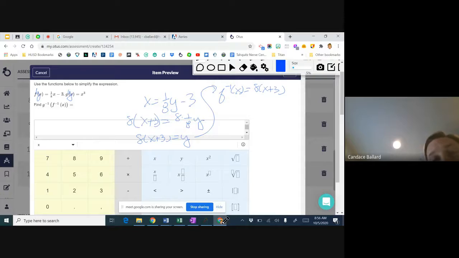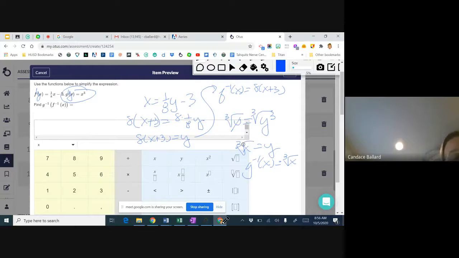I am also going to find the inverse of g. I'm going to take g of x and switch x and y. So x equals y cubed. I'm going to undo the cubed with the cubed root. So the cubed root of x equals y, better known as g inverse of x equals the cubed root of x.